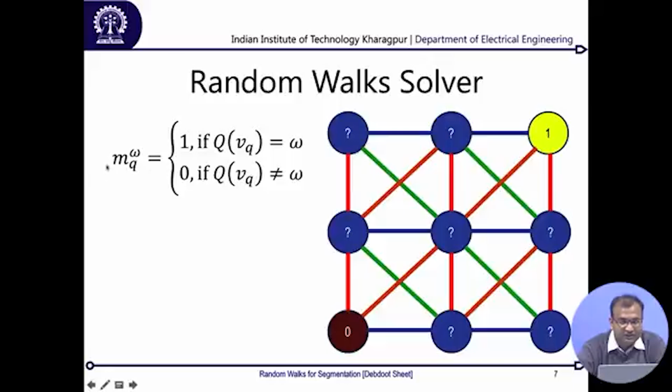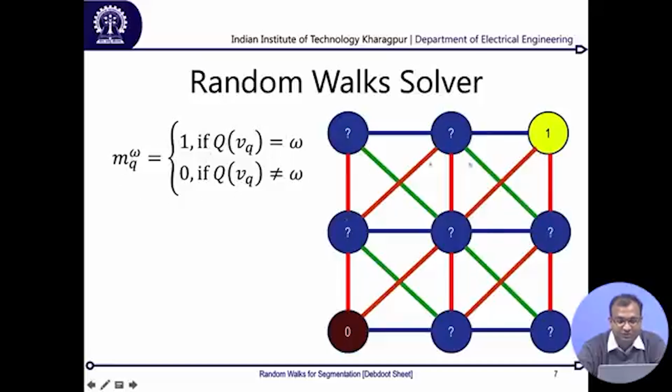Now, from there, what we do is we define another particular matrix, which I call M. How this is defined is that Q is the index for each of the nodes present in this particular graph. And I am going to define it as a 0-1 relation based on which class I am defining it for. So, if I am defining M_Q for the yellow class, then all the nodes which are truly marked as belonging to the yellow class will be given a value of 1, and everything else will be given a value of 0.